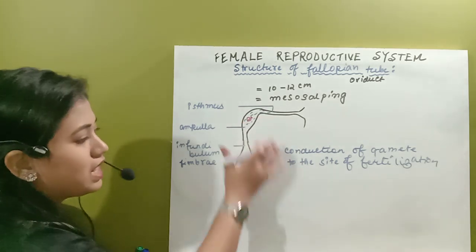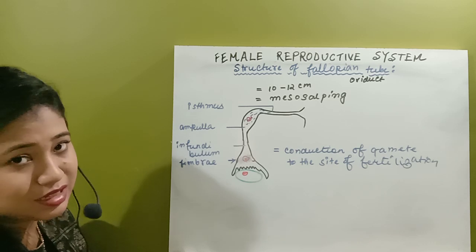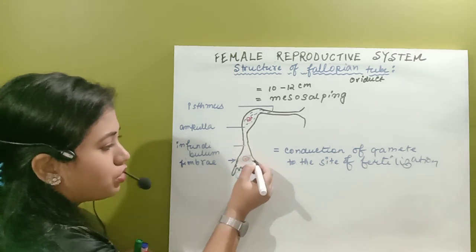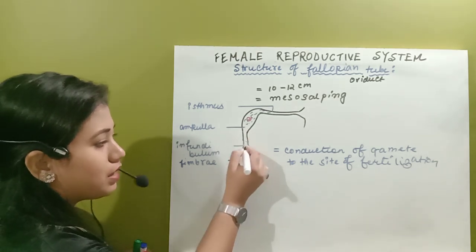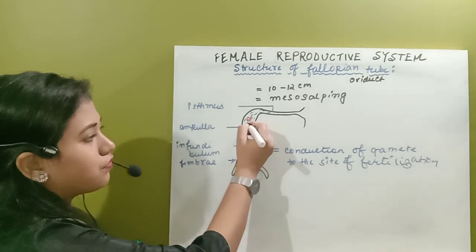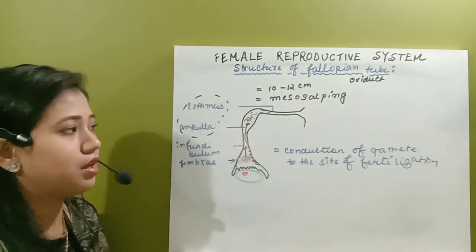So what happened? Inside this fallopian tube, a number of ciliated cells are there. So this whole lining is ciliated, so that the cilia can move, they will beat, and it will help in the conduction of the female gamete to the site of fertilization, that is up to the ampullary isthmic region.